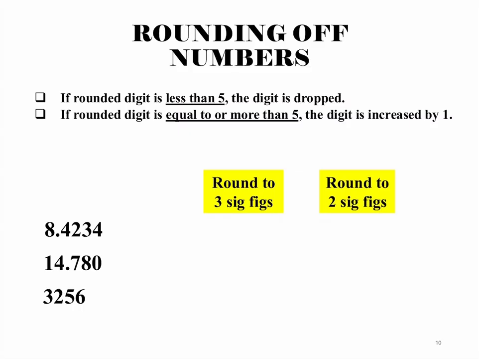There are different rounding rules, there's usually only 2. We're going to use the simple one: if it's less than 5, the digit is dropped. If it's greater than or equal to 5, then the digit is increased by 1, and then the non-significant digits are left after that.